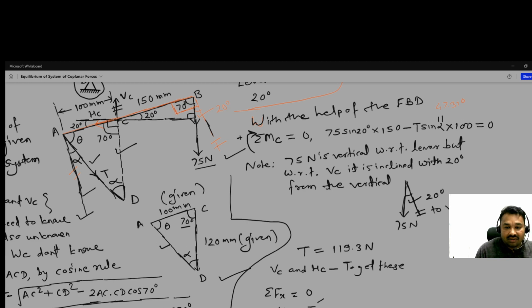T we already know, alpha we already know, alpha is equal to 47.31 degree, and T is equal to 119.3 Newton, and this is equal to 0.